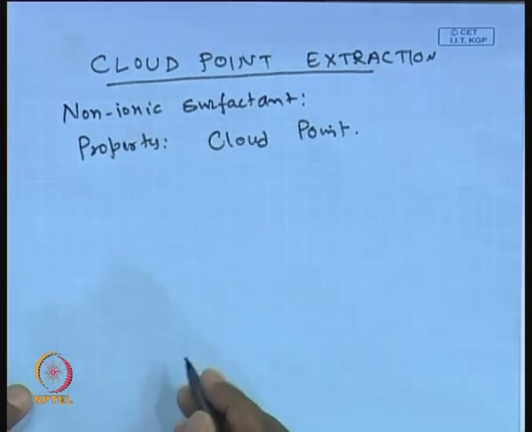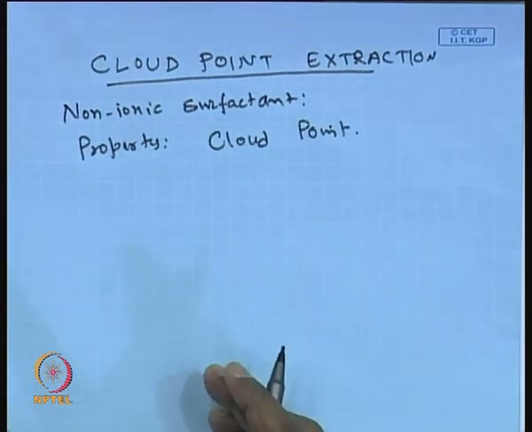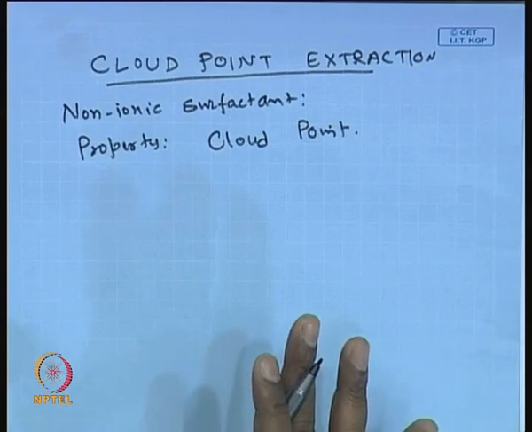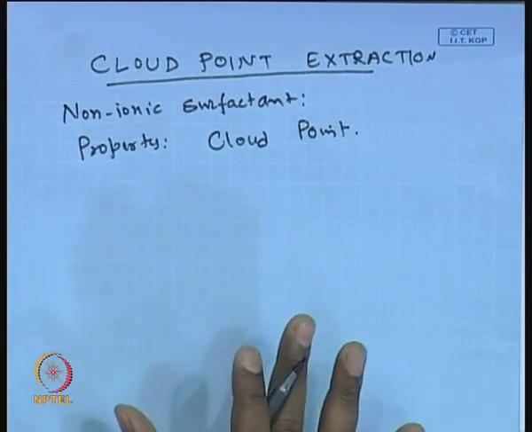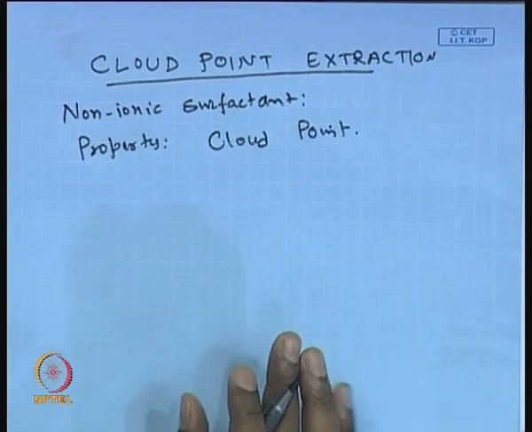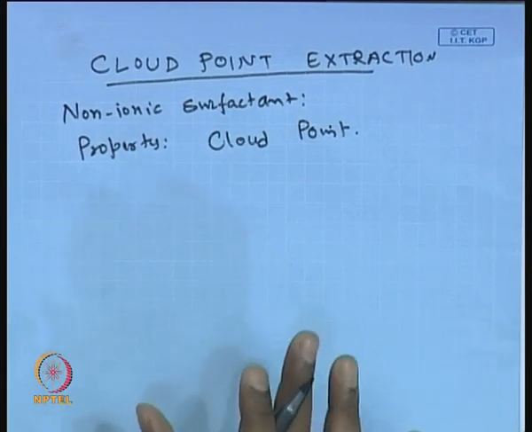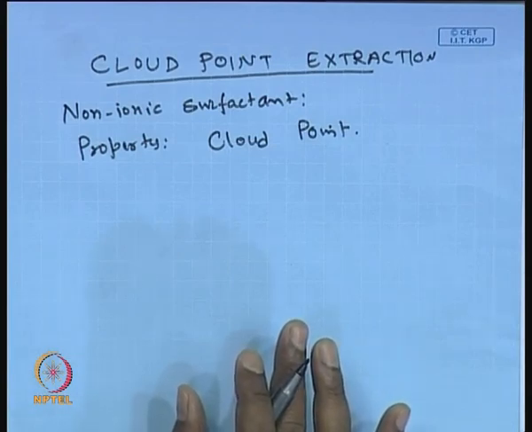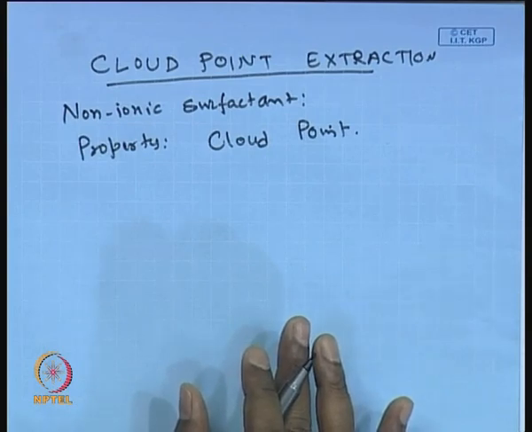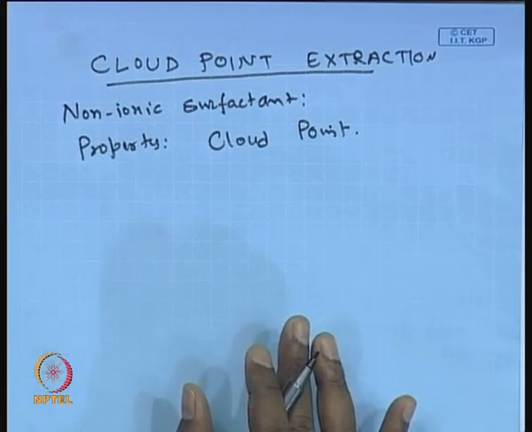It is what happens when you increase the temperature of an aqueous solution of a non-ionic surfactant. All these surfactants are basically surface active agents, and they are soluble in water. Now, if you have an aqueous solution of non-ionic surfactant, and if you keep on increasing the temperature of the system, then beyond a particular temperature there occurs a phase separation.